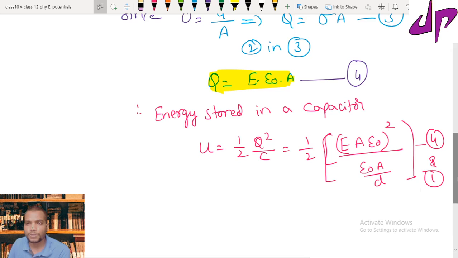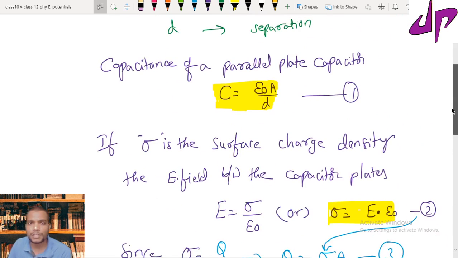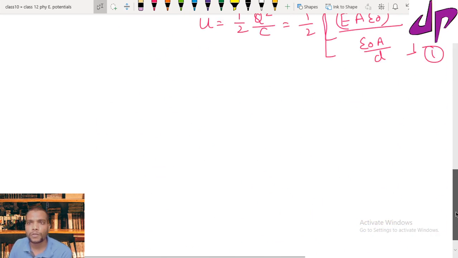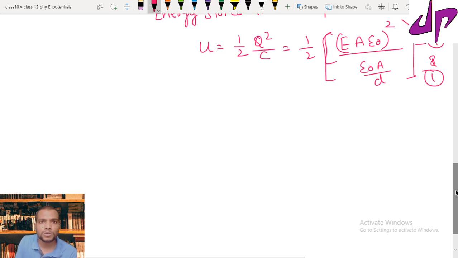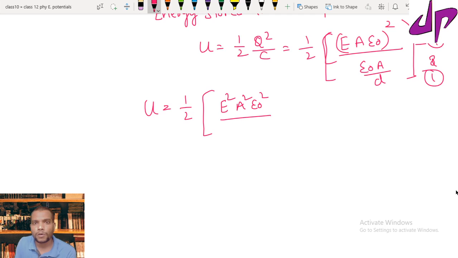Now if we simplify that, with the capacitance of a capacitor epsilon naught A upon d, the energy stored U equal to half times E square, A square and epsilon naught square upon epsilon naught times A, and the d in the denominator I bring to the numerator.